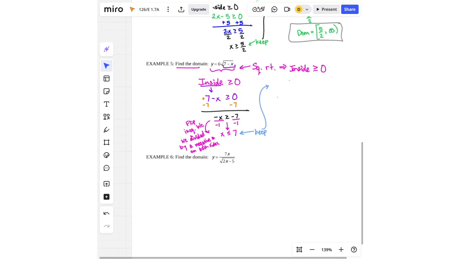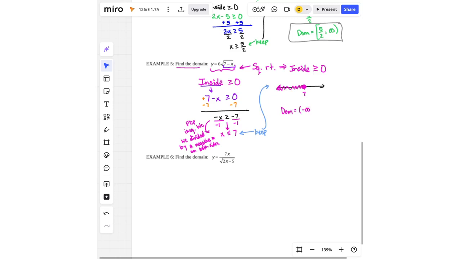So moving up here, if we put this on a number line, my end point is 7. It's going to be a closed dot at 7 because it was an equal to inequality. And we want x less than or equal to, so we're going to shade to the left. That means for our domain, we're going to start at the smallest value.